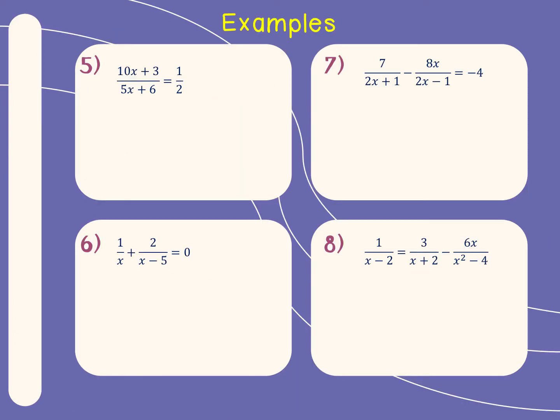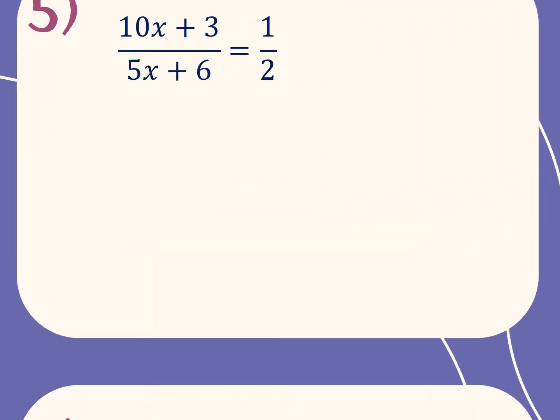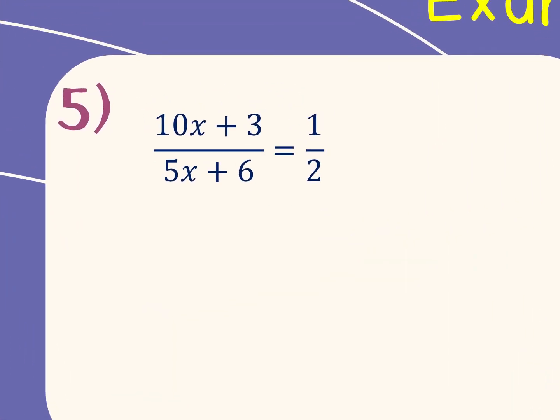All right. So for number 5, whenever I have something that looks like this, I'm just going to solve this as if it's a proportion. So all I need to do is the cross products. I'll multiply this times this, and this times this.